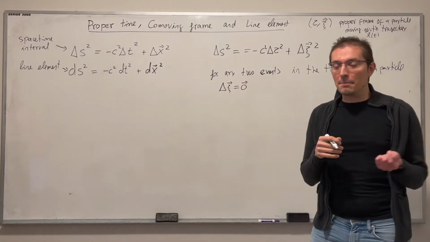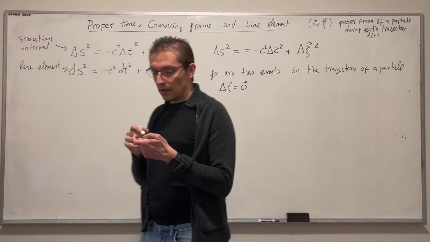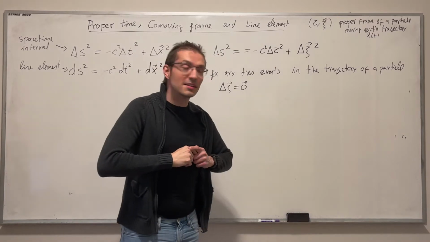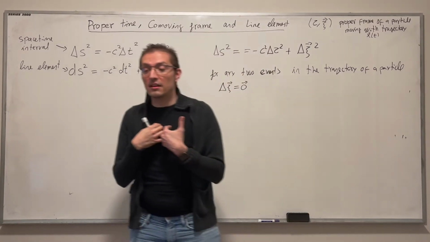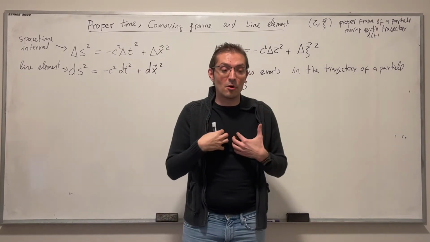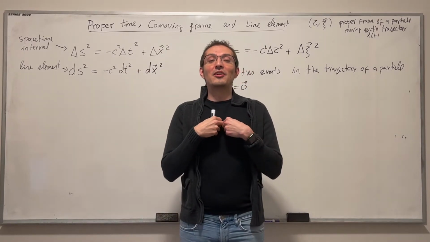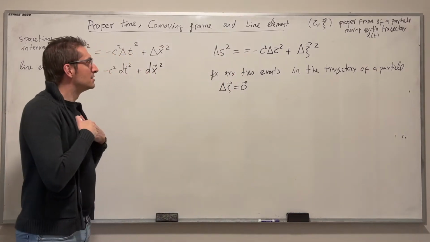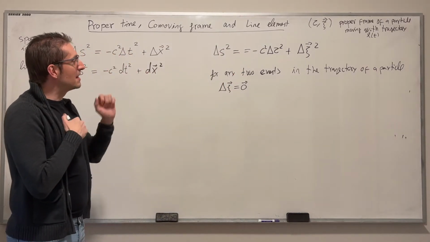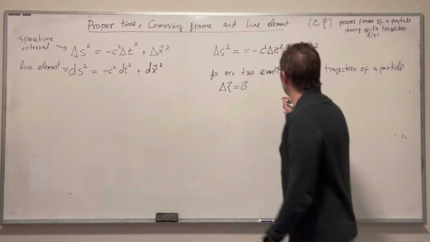Because of course, a particle is always moving, it's always taking its proper frame with it. So the increase in position that I had when I'm moving is 0 as measured by me, because I'm always here at rest with me.